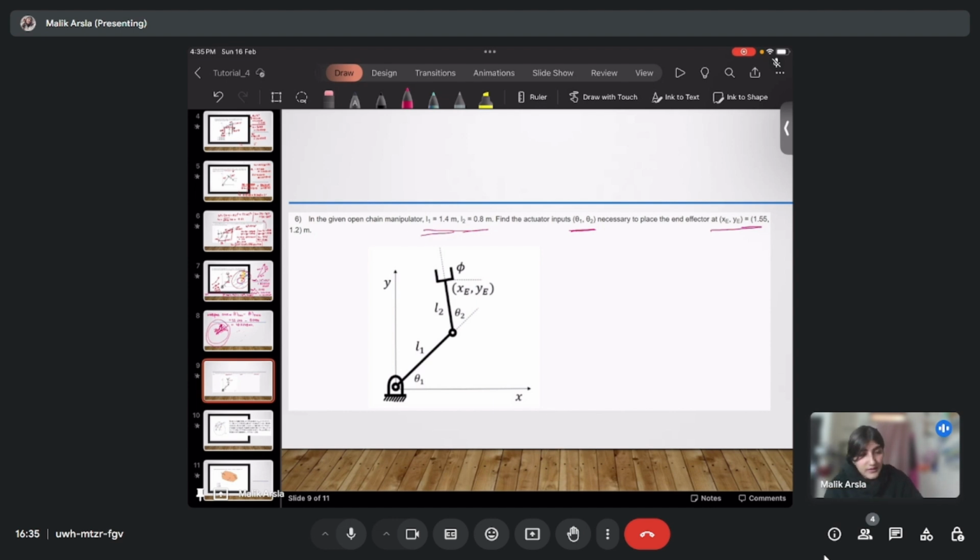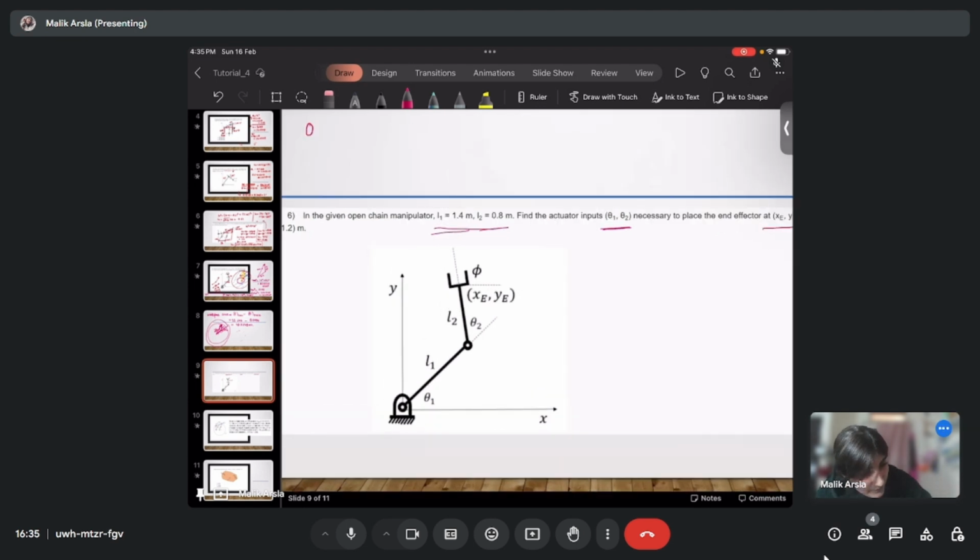But the correct answer is, let me write what are the two values of theta 1. Theta 1 can be 17.324, or what else can it be?